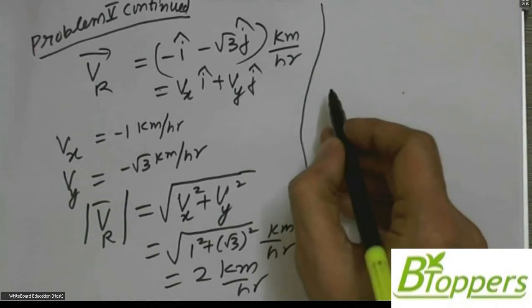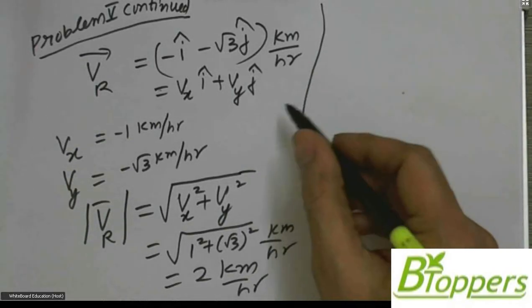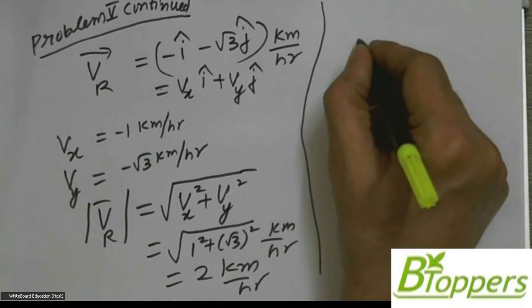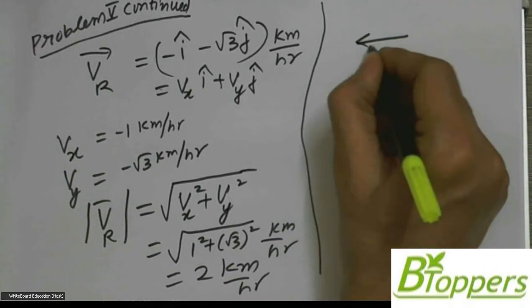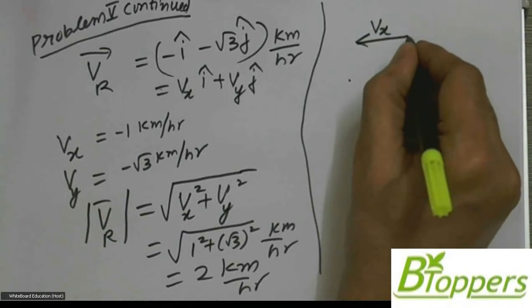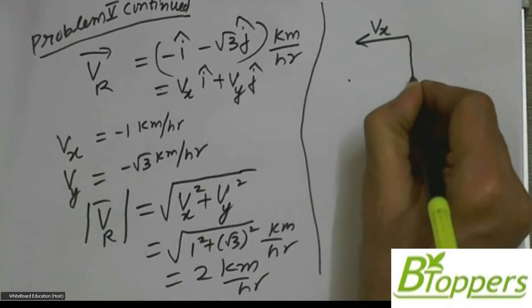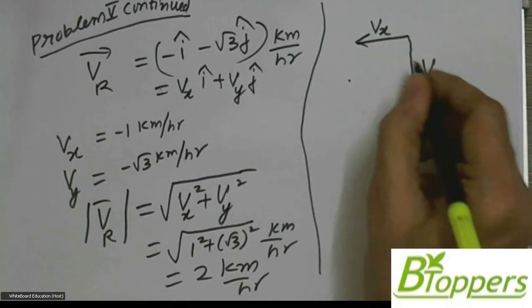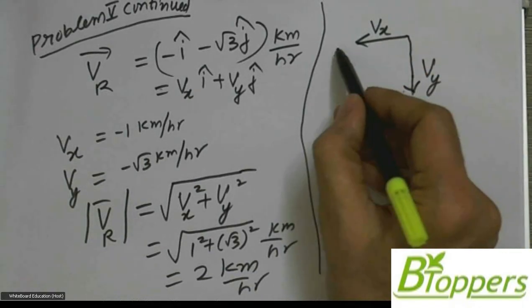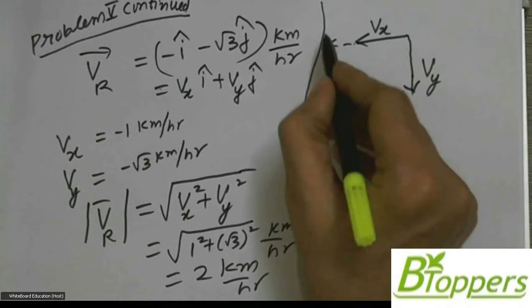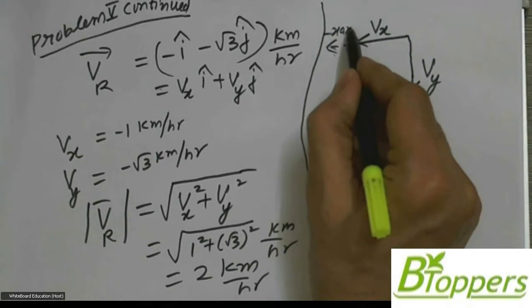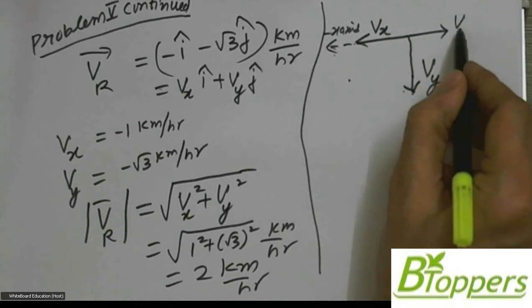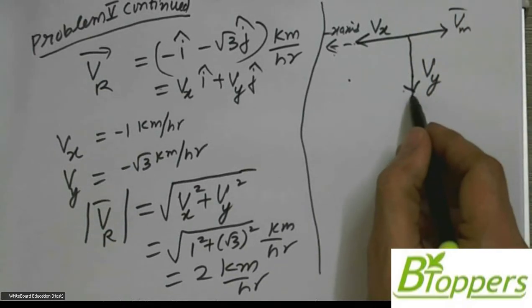To find the direction, you can draw a diagram showing the two rectangular components of the actual velocity of raindrops by the adjacent sides. The x component of velocity is directed towards the left along the negative x-axis, that is opposite to the velocity of the man.